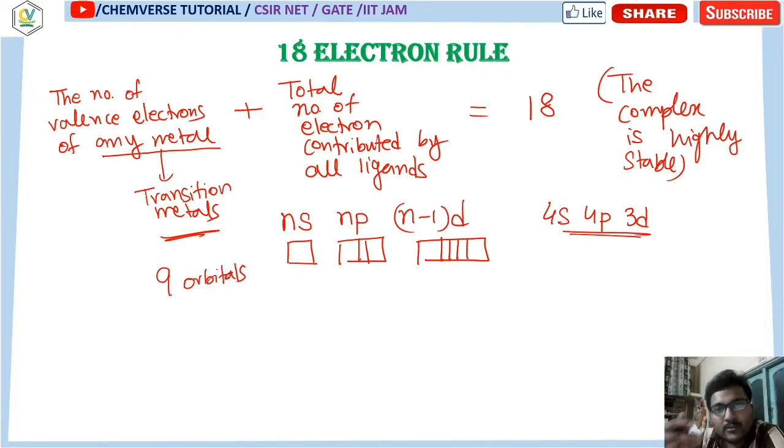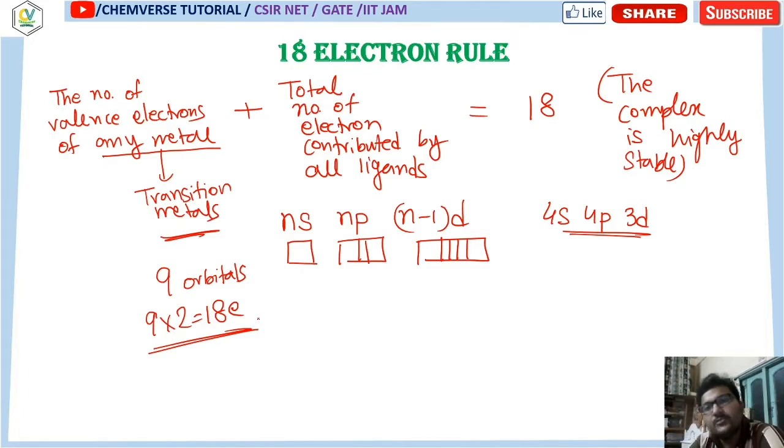Among those 9 orbitals, if we fill them with electrons, 9 into 2, overall 18 electrons. So this 18 electron count is the maximum that can be filled, and this will give a fully filled configuration. It will acquire the 18 electrons with the help of the ligands. So it has some valence electrons and it will accept electrons from the ligands.